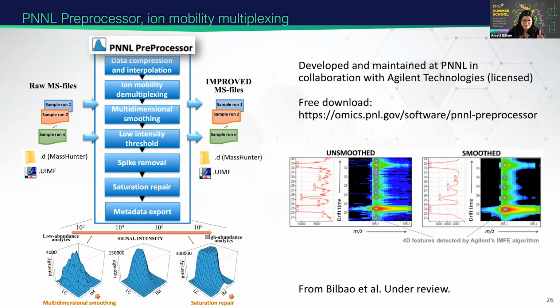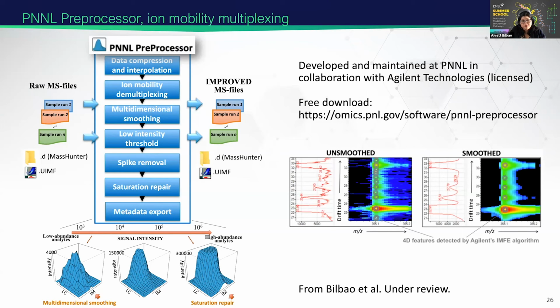We have different algorithms for data compression and interpolation. We have ion mobility demultiplexing, which we will not cover here, but basically it's a methodology to acquire data where you can program the mobility to be encoded by multiplexing ion packages, and then we apply a software algorithm to demultiplex this data.